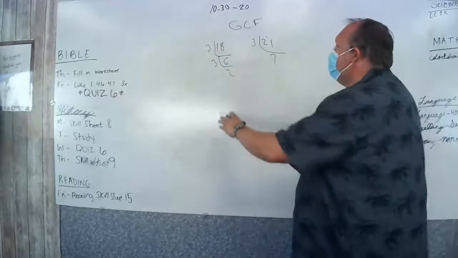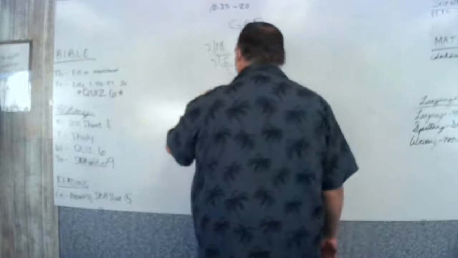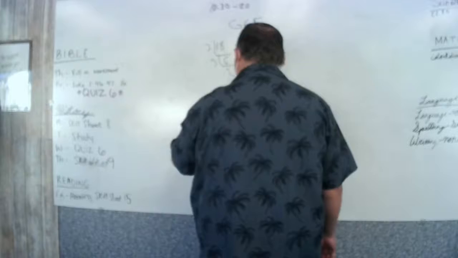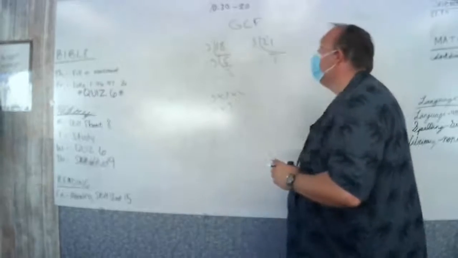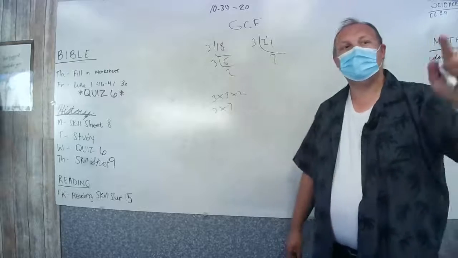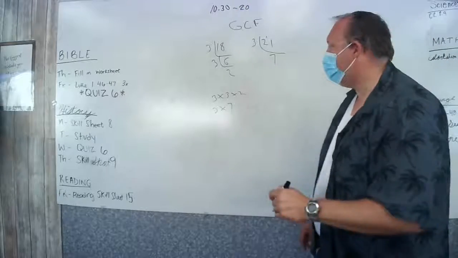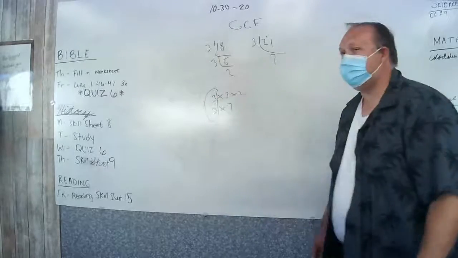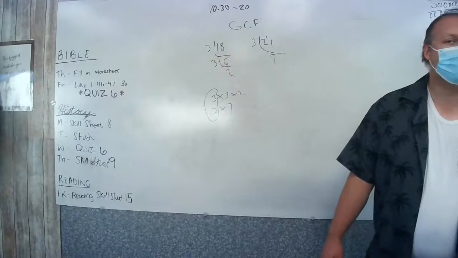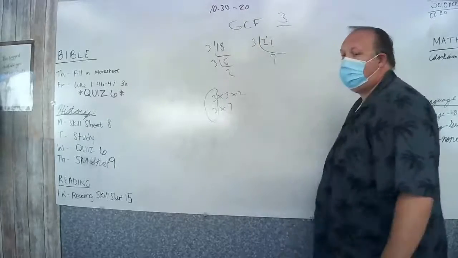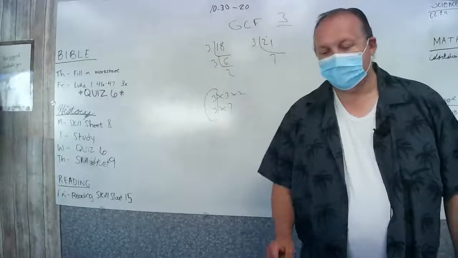Here I have 3 times 3 times 2, and I have 3 times 7. What factor appears here that also appears right here? The 3. Do you have anything else in common? No, you do not. So your GCF is going to be 3.